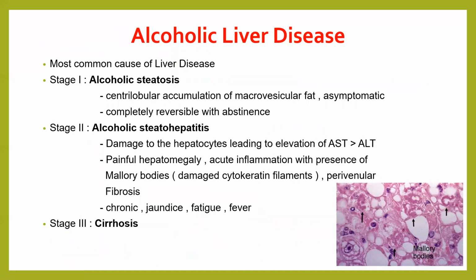Next up, we have alcoholic liver disease. As we all know, it's one of the leading causes of liver disease. Alcohol itself is not that toxic to the liver; what's toxic is acetaldehyde, which is nothing but the metabolic product of alcohol itself.